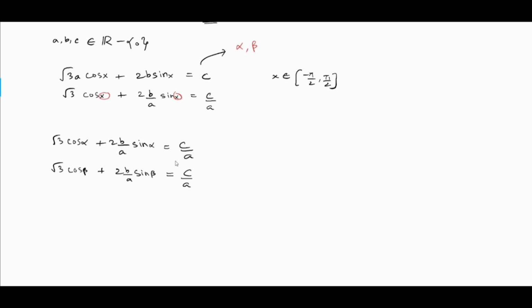So to get rid of as many unknowns as we can in one step, I'm going to subtract these two equations, which gives me root 3 times cos alpha minus cos beta plus 2b by a times sin alpha minus sin beta equals 0.